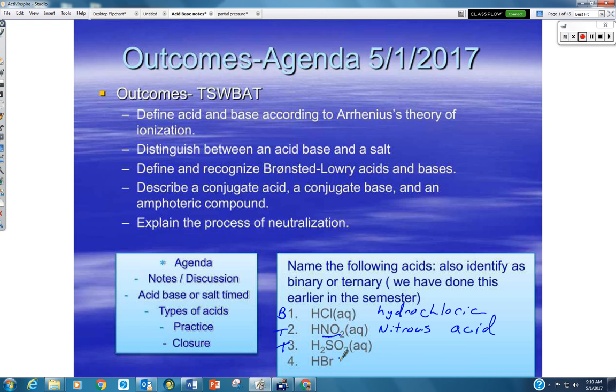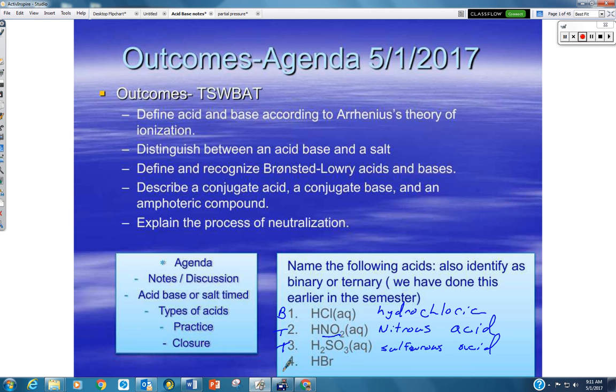All right. This one again is binary or ternary? Ternary. And SO3 is sulfate, I think. No, this is sulfite as well. So is it going to be sulfuric or sulfurous? Sulfurous. Sulfurous acid.